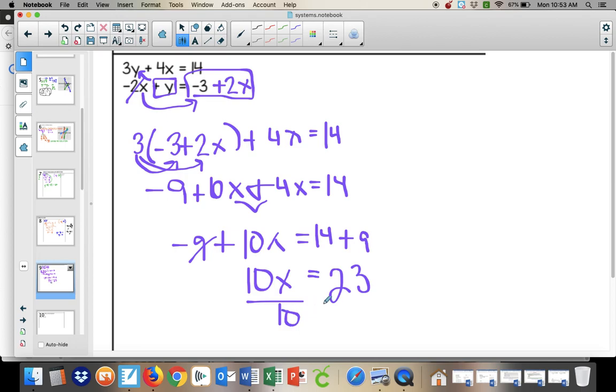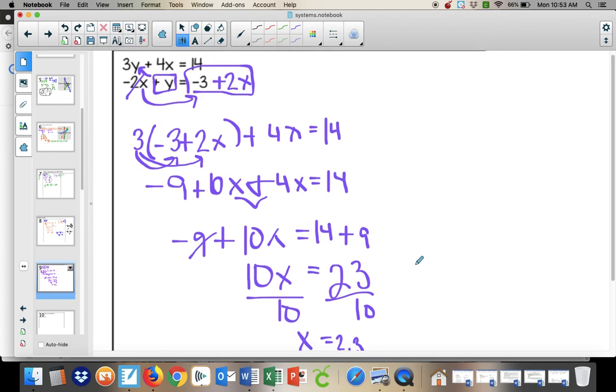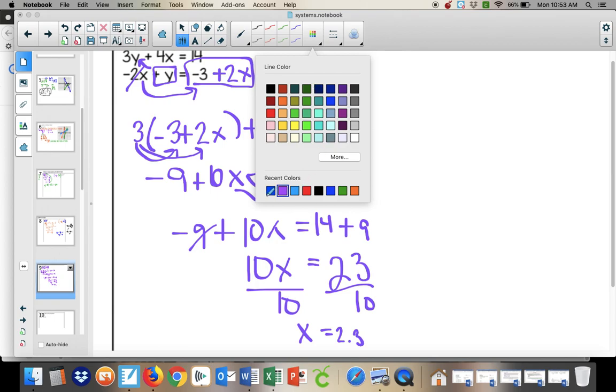Divide by 10. And x equals 2.3. And yes, you will be getting decimals and fractions, which is why it comes down to substituting and eliminating are going to be the best bets for those, because it's harder to get a decimal or fraction when you graph. All right, so x is 2.3.